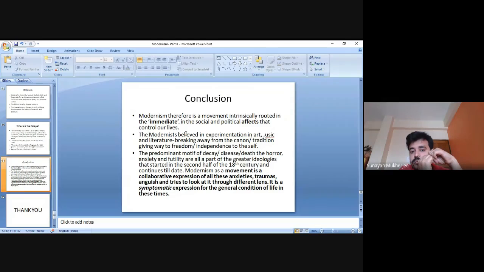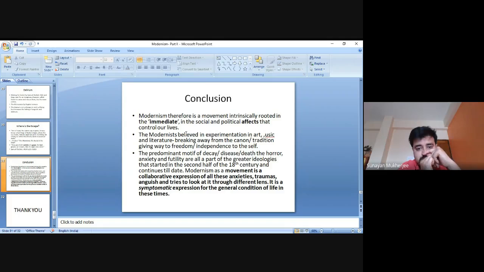To conclude, modernism therefore is a movement intrinsically rooted in the immediate. Remember what we discussed in the last class, the immediate, from now to just now, in the social and political affects that control our lives. Affects are the incidents, the social and political affects that control our lives.